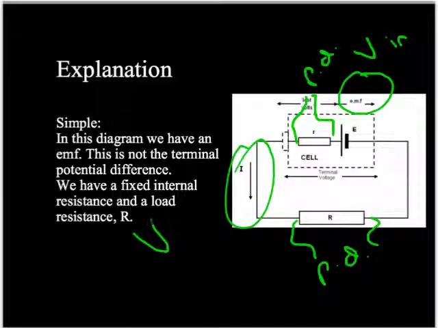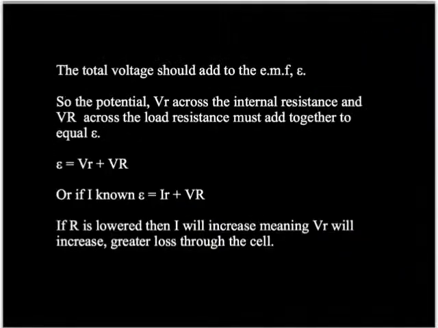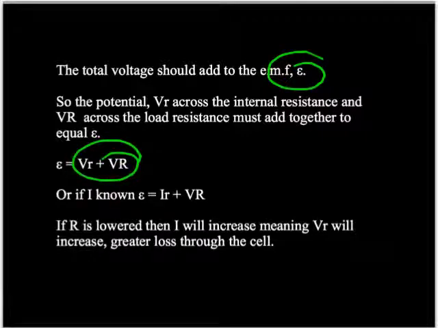So V in should equal the sum of all the potential differences. Essentially, the EMF is going to be equal to the sum of the potential differences across the two resistors, the load resistor and the internal resistor.